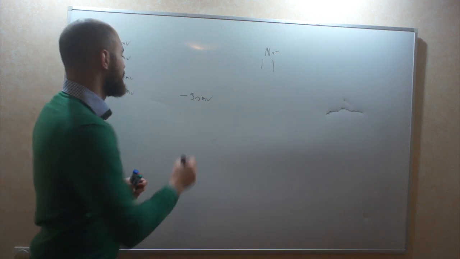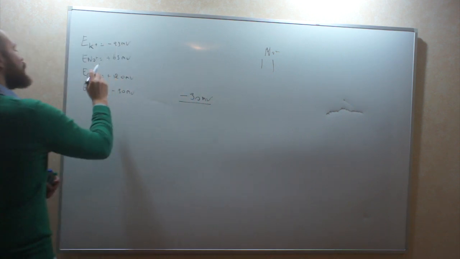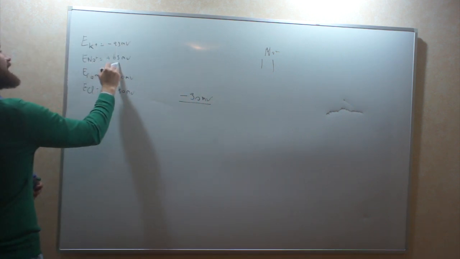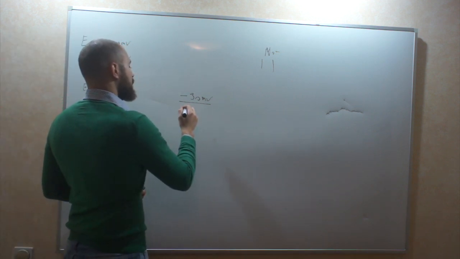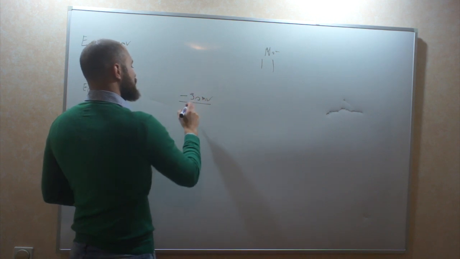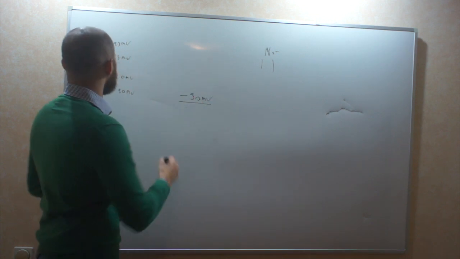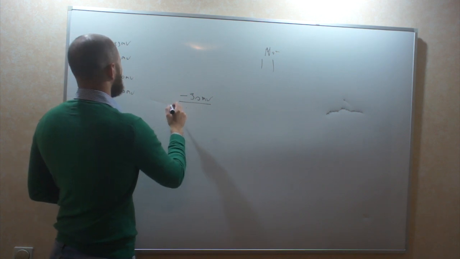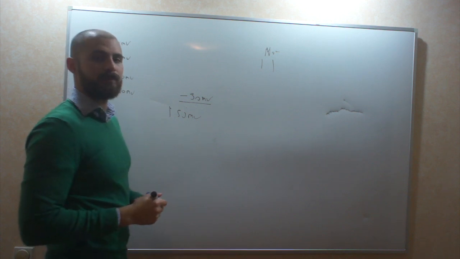So there is a driving force. This is minus 90 millivolts, but it wants to go to 65 millivolts. So the driving force is huge from minus 90 to plus 65. There is like 155 millivolts. It's huge.